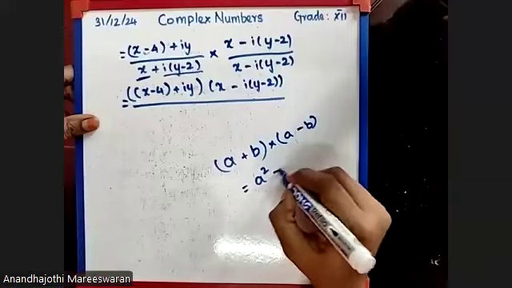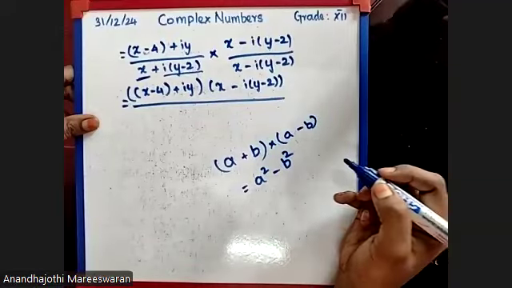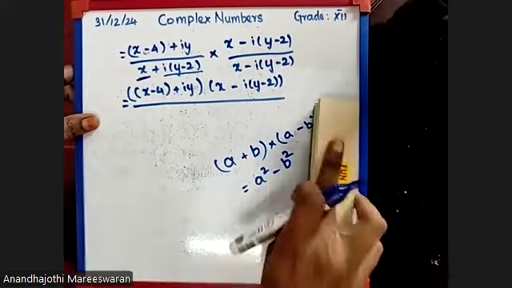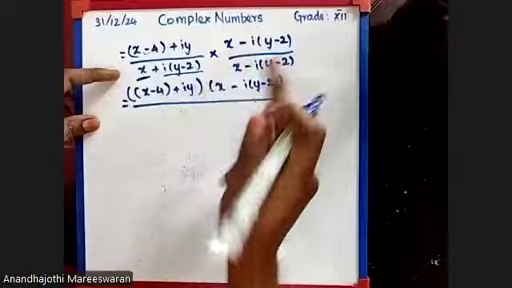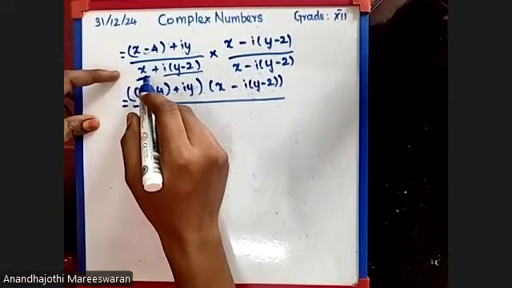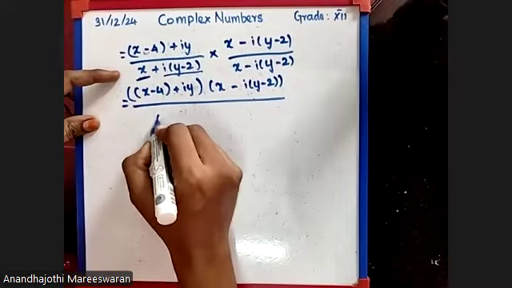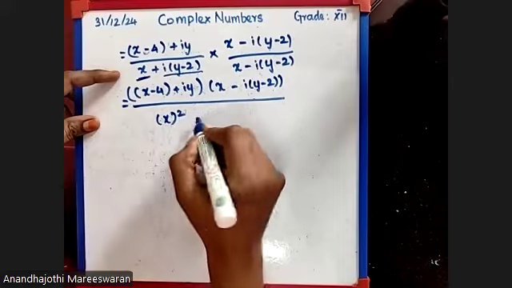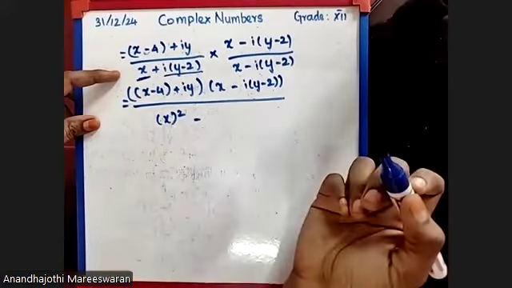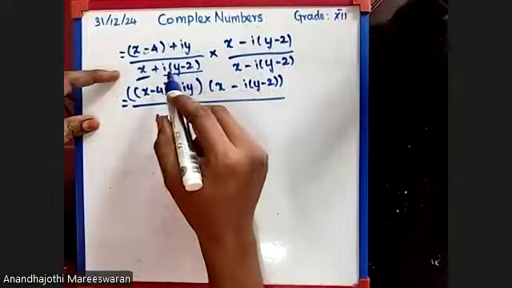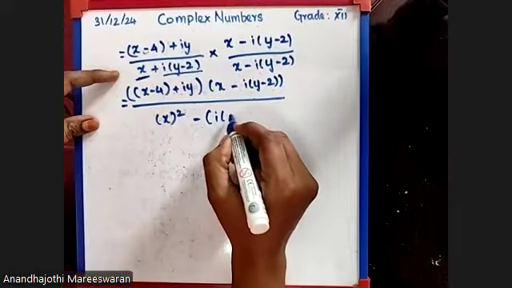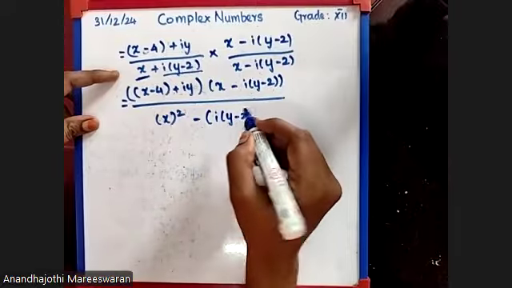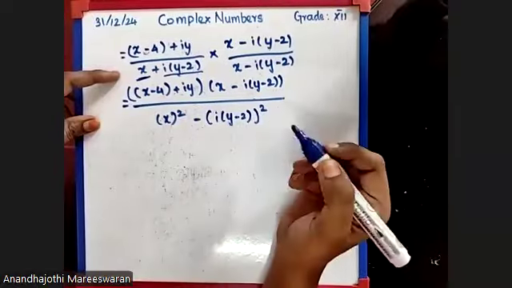It equals a squared minus b squared. We are going to apply the same here in the denominator. So we have x whole squared minus (i multiplied by (y minus 2)) whole squared.